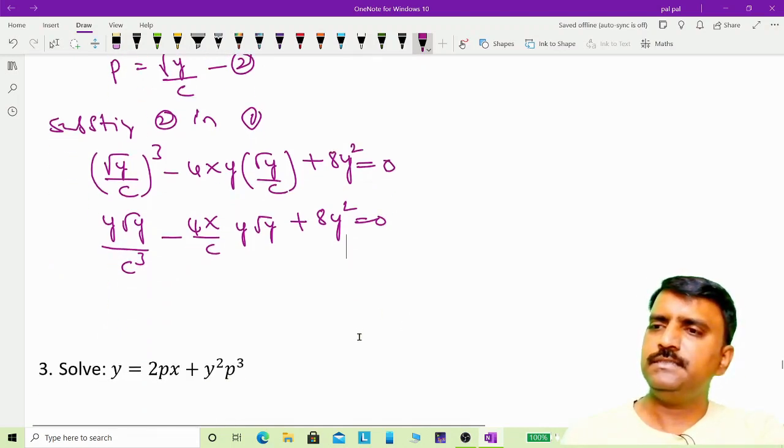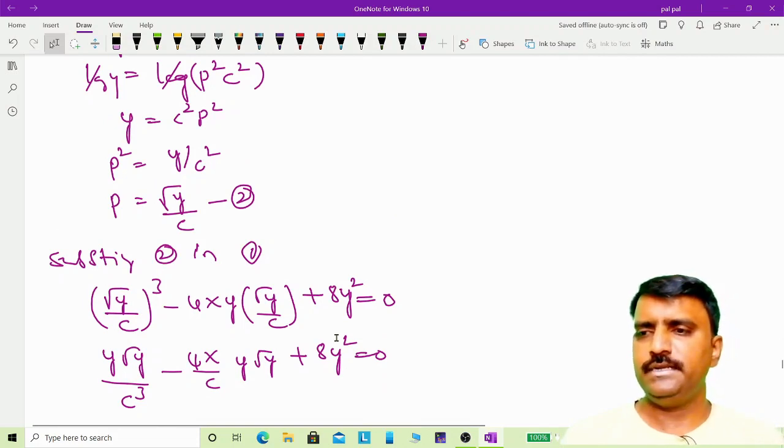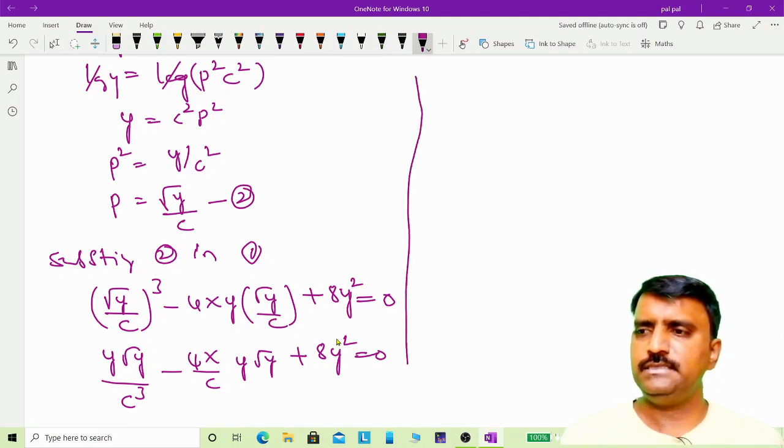Or in other words, we are simplifying this. Try to write this in the form y is equal to something. You take y root y as a common factor here. I'm just simplifying this.